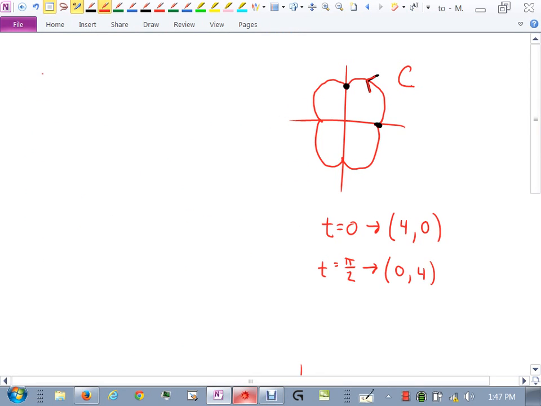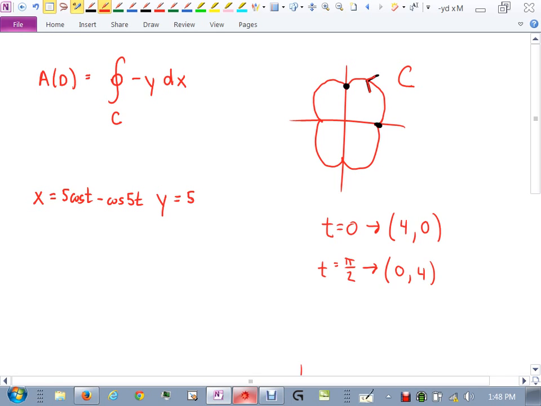I'm going to try and find the area of D by computing the line integral over this closed curve C of negative y dx, right? Now, the parametric equations, we already know what x and y are, don't we? I'll write x and y instead of using the vector notation. x was 5 cosine t minus cosine 5t.